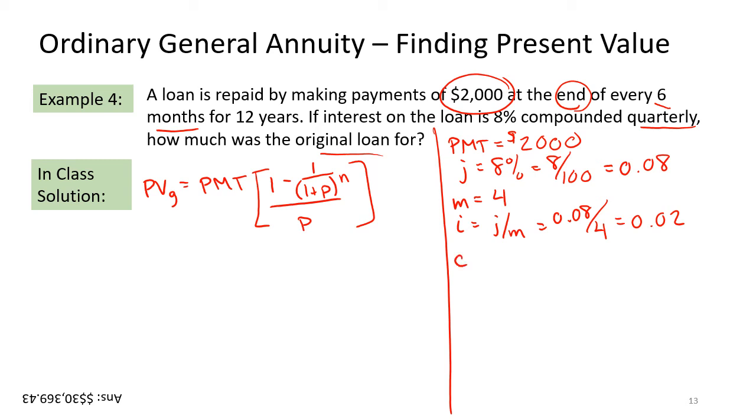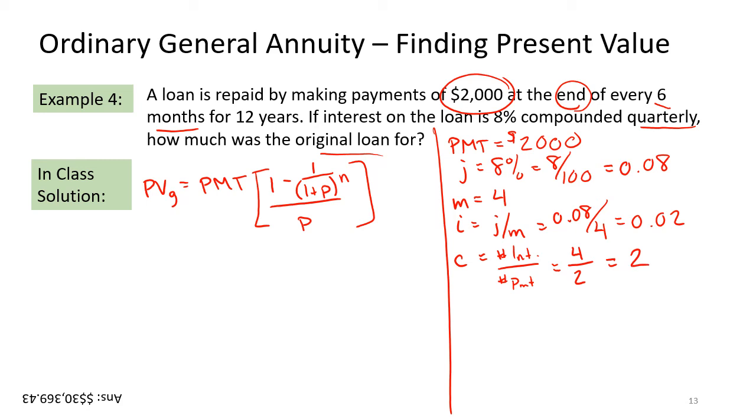Now again, just like for future value, we have these additional 2 steps. The first one is the ratio C, which is your number of interest periods divided by your number of payment periods, both per year. Interest is quarterly, so it's 4. And your payment periods are every 6 months, which is semi-annually, meaning you have 2 payment periods a year. So your value for C is 2.